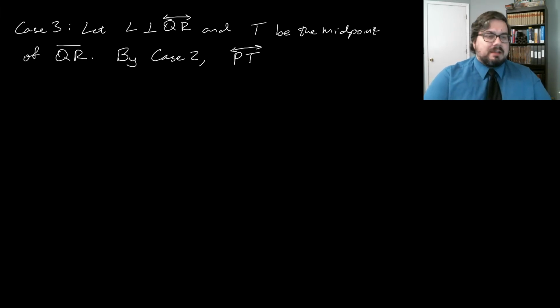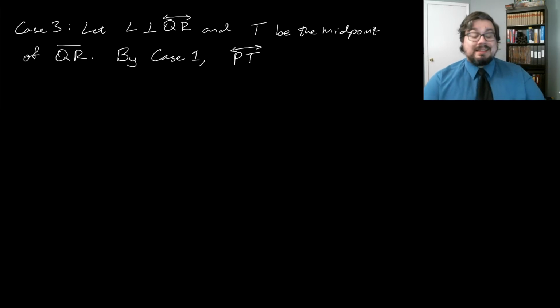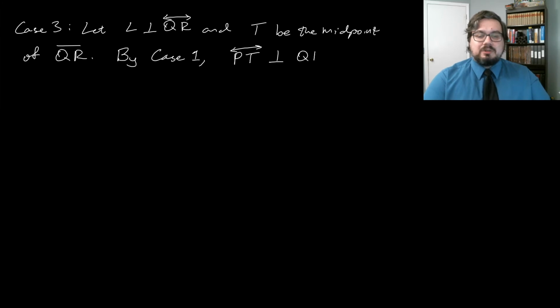Oh, sorry, this is case 1, actually. Let's not be confusing. Case 1 said that if you have a line that contains P, that contains the center, and goes through the midpoint, then it has to be perpendicular. So by case 1, the line PT is perpendicular to the line QR.